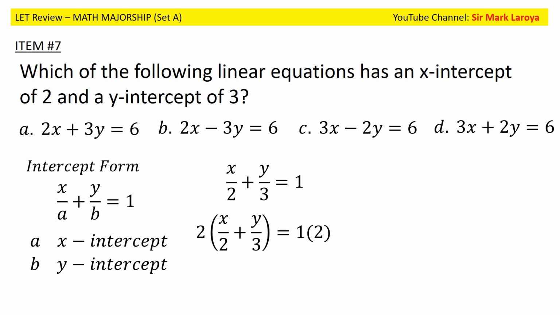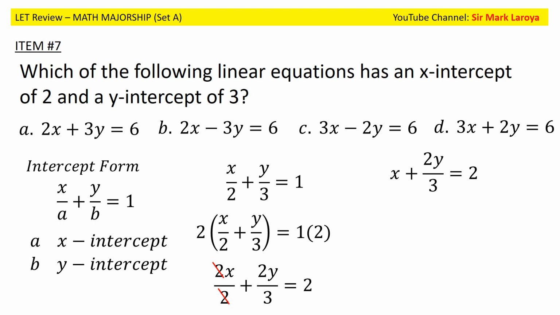So, it becomes now 2 times the quantity x over 2 plus y over 3 equals 1 times 2. So, what will happen here? It becomes now 2x over 2 plus 2y over 3. Kung saan, makikita natin, yung 2 sa 2x over 2 will be cancelled out. So, it will give us x plus 2y over 3 equals 2.